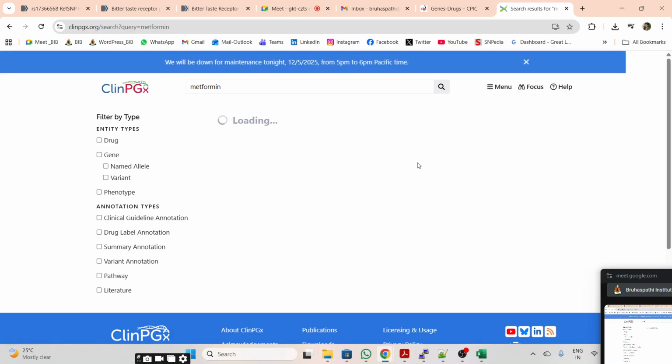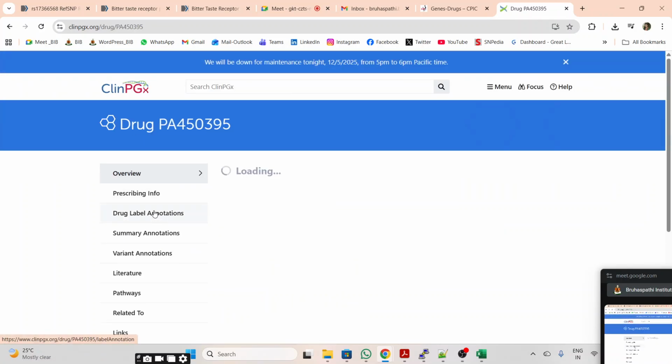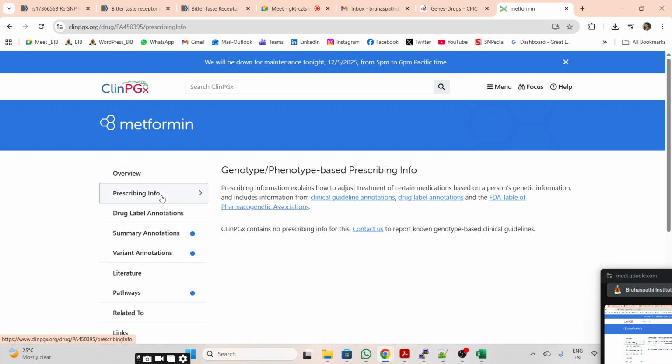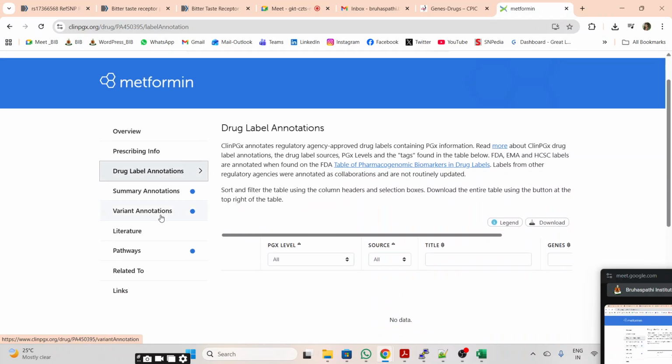Let's check metformin. Metformin. Okay. If you see here, there is no prescribing info. There are no drug label annotations. As such, the FDA has not approved anything.